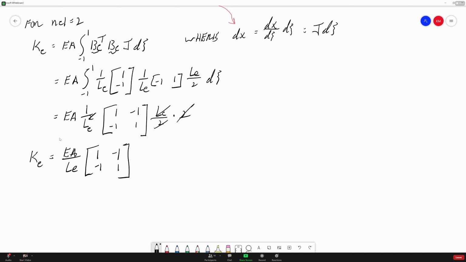So this is at the elemental level. This is for a single element. And remember, because we have an E here, this is KE.